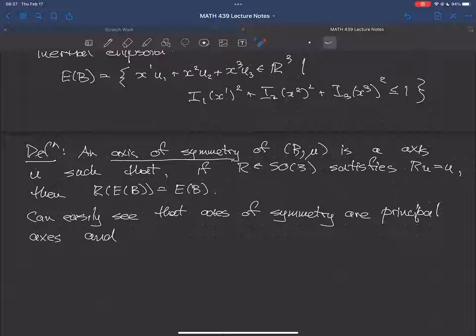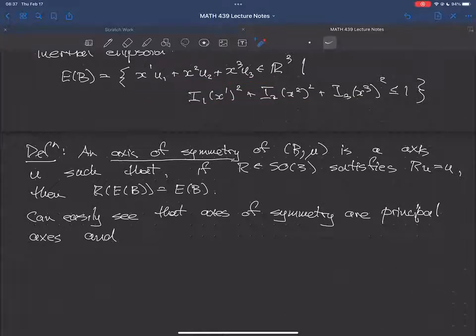And so if you think about the only way that you can take an ellipsoid and rotate it about some axis so that every such rotation maps it into itself is if the axis of rotation is one of the principal axes of the ellipsoid. Okay, but the principal axis of the ellipsoid, just by the definition of the ellipsoid, the way I've written it here, the principal axes of the ellipsoid are also principal axes of the body.